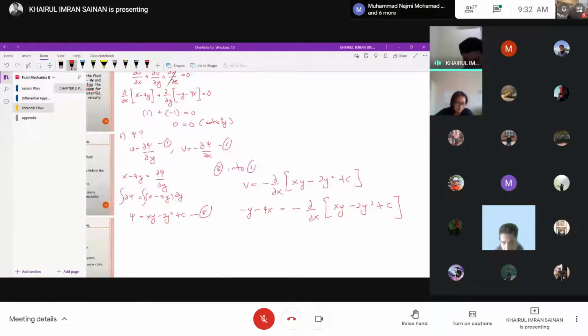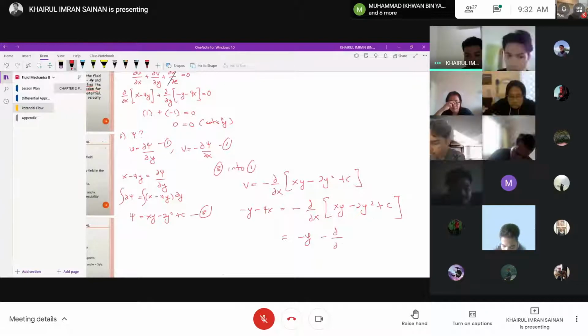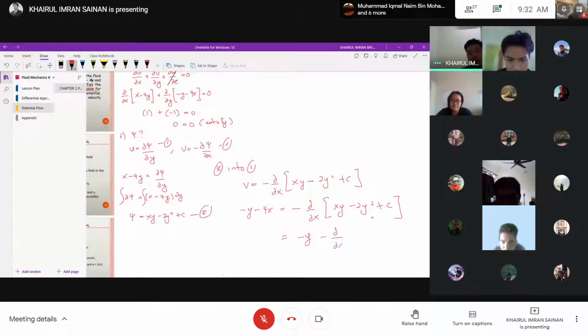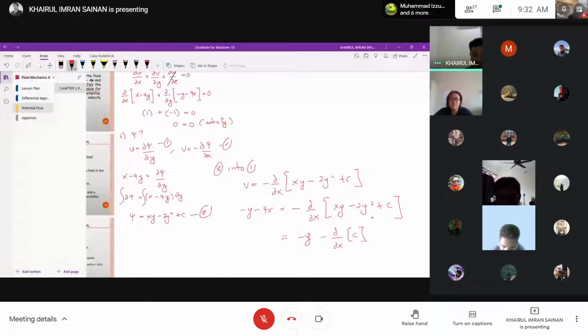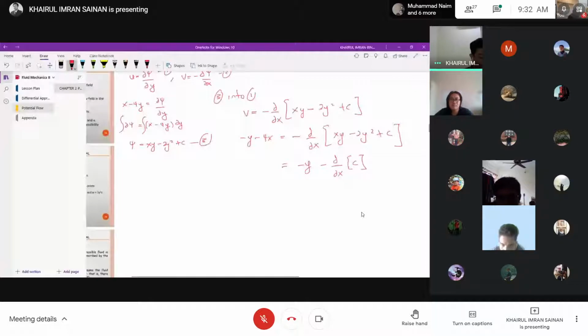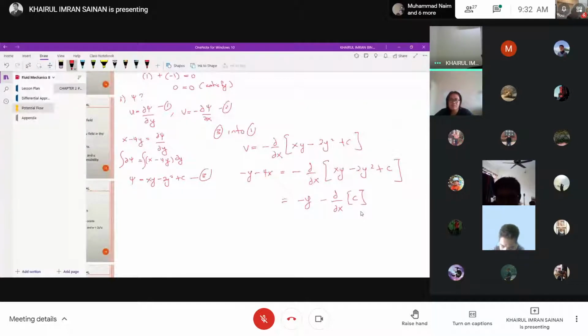So what you're going to have is negative y only. This term has no x, so nothing happens. So it becomes negative del over del x of c. You want to find c, right?